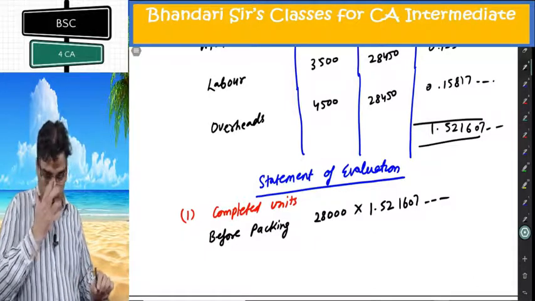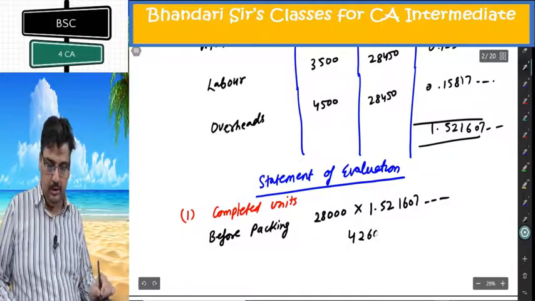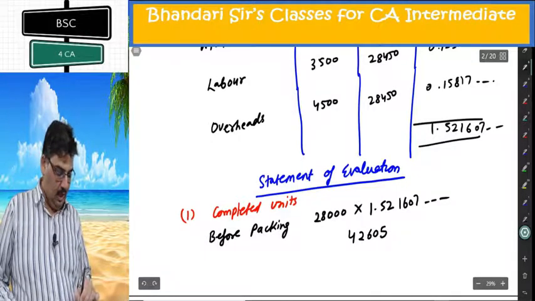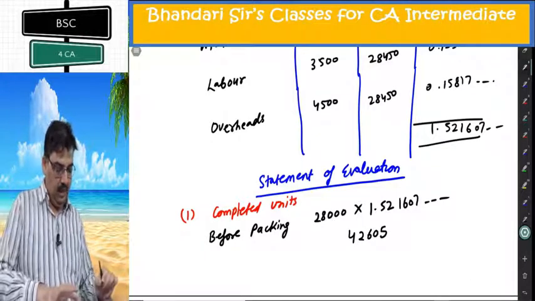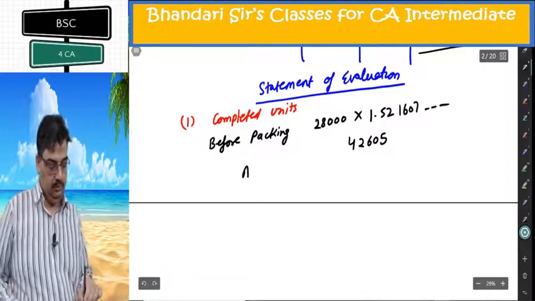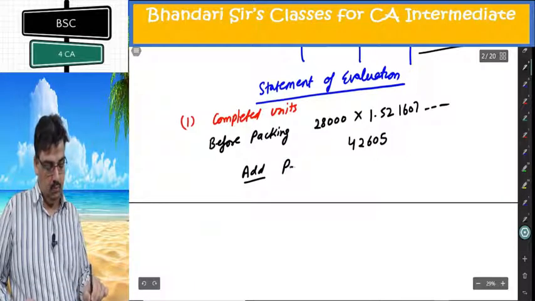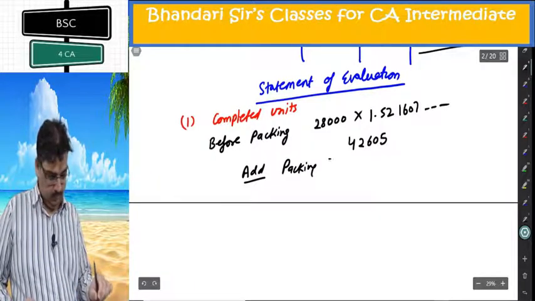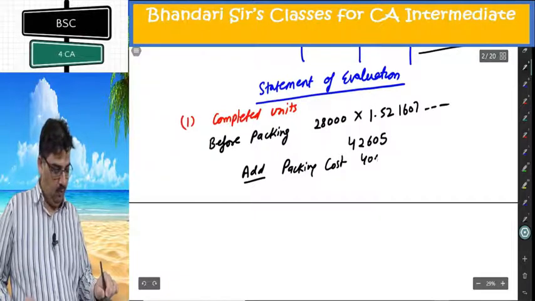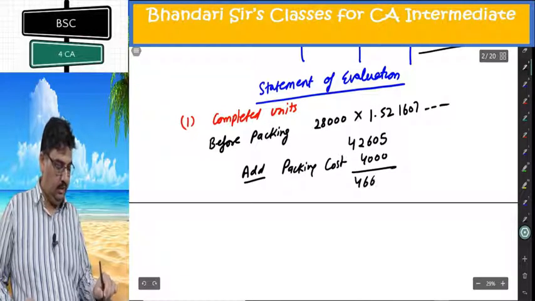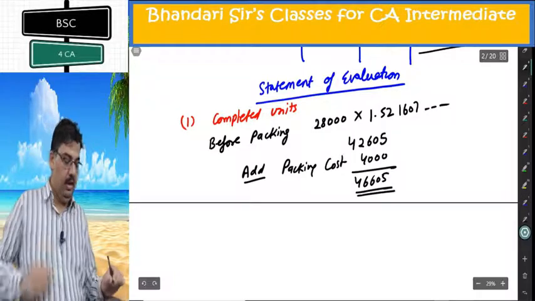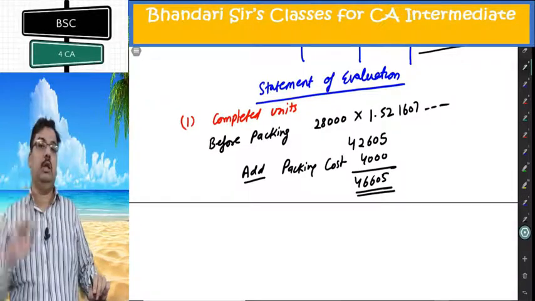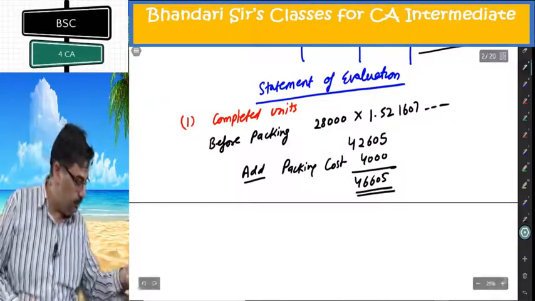I'm getting 42,605. Add what? Packing cost, 4,000. 46,605 is the completed units transferred to finished goods stock.